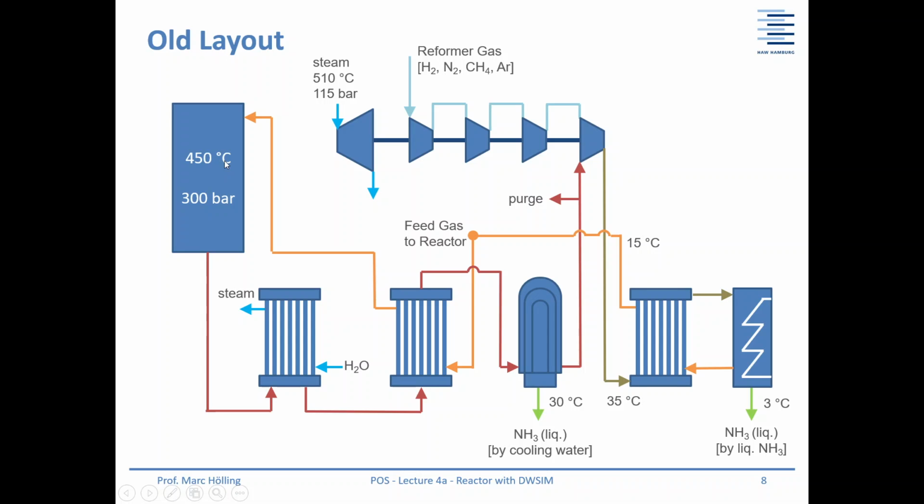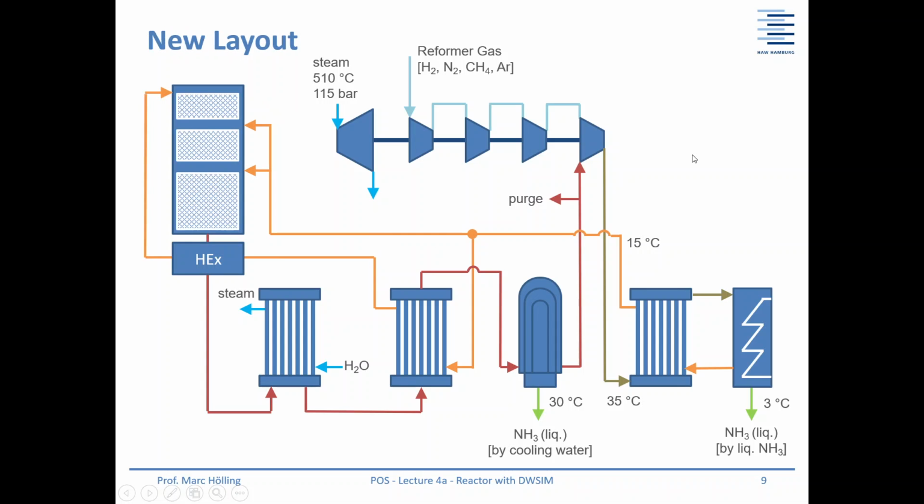So it will be something like adiabatic operation in some parts, so you will have temperature change inside the reaction. And yeah, what will we do? What we have is we take our flow here coming from the internal heat exchange after the low temperature ammonia removal, and then we split it up.